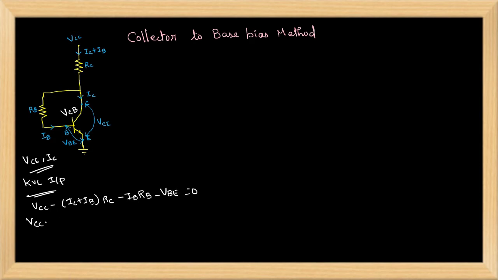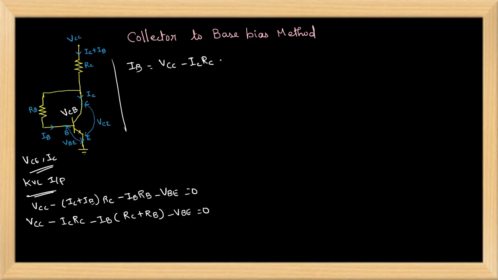I can rewrite this as VCC minus ICRC minus IB into (RC plus RB) minus VBE equal to 0. From this, IB can be written as (VCC minus ICRC minus VBE) divided by (RC plus RB).